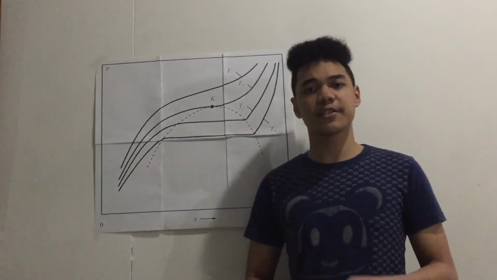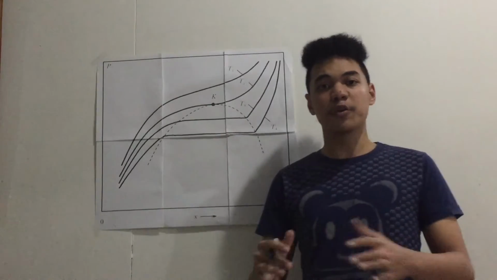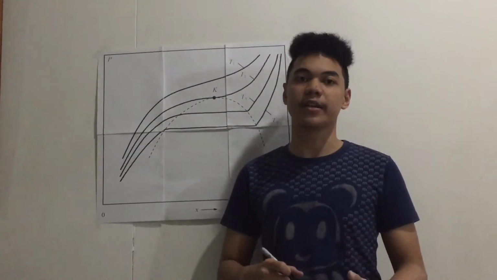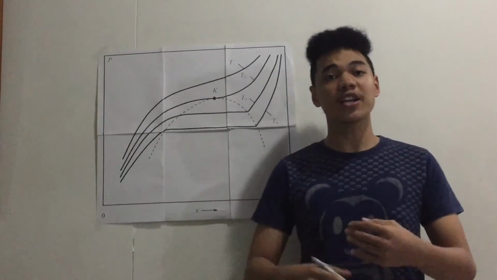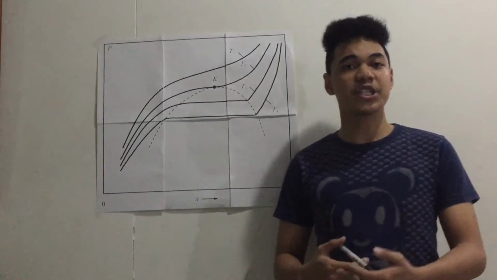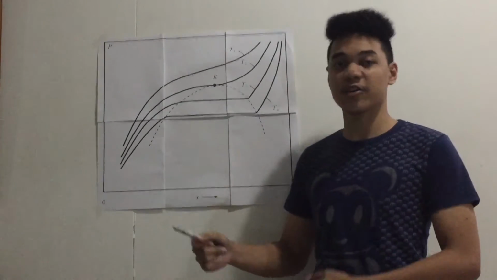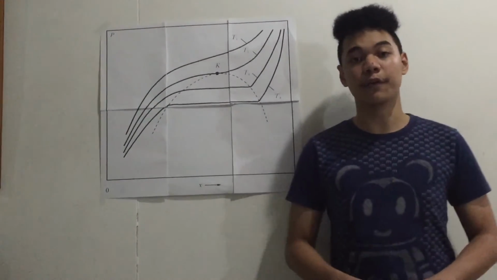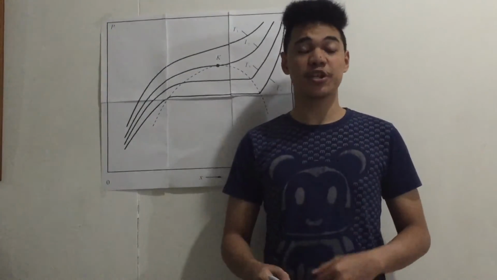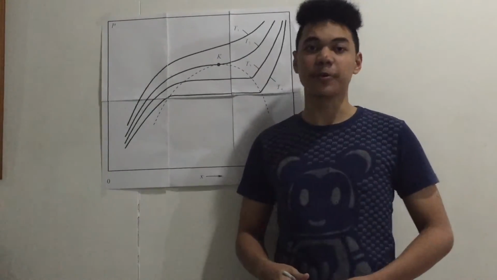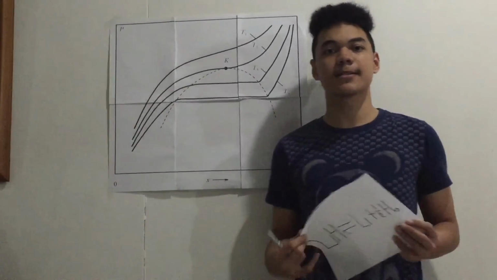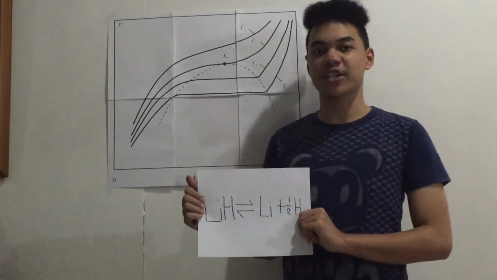Let us assume a closed system in which lithium hydride is evaporated. If there is no reaction involved, the vapor pressure of lithium hydride is equal to its saturation pressure. But actually, there is a reaction involved, which is the dissociation of lithium hydride into lithium and hydrogen gas, shown in this reaction.